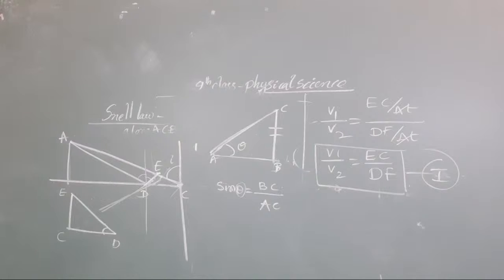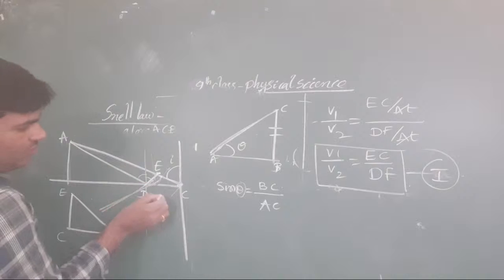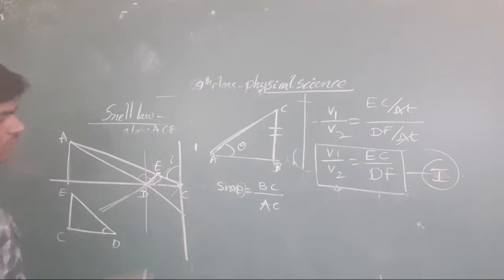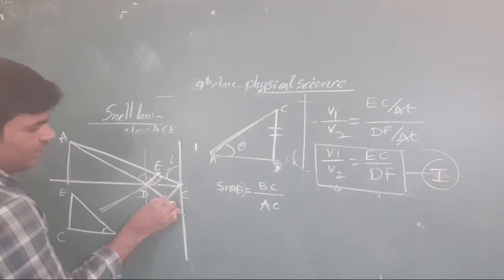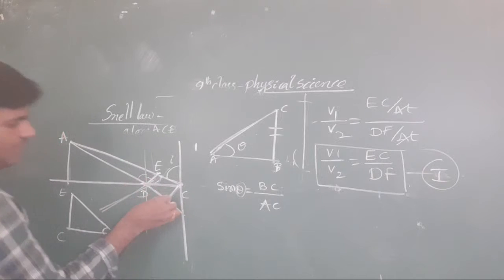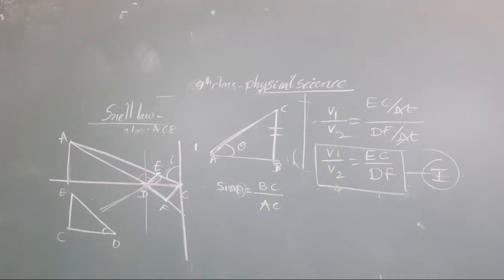And we have to take one more triangle here. What is the triangle? Here D, F, C. Now here we have extended this, and we have drawn this triangle D, F, C. Clear or not, all the students?